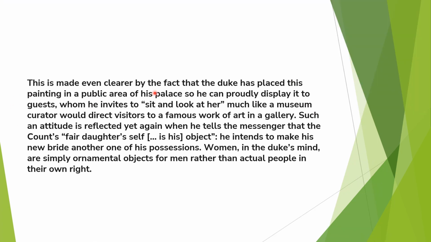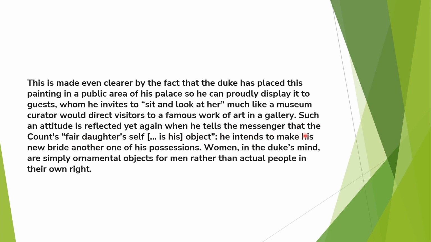Yes, this is made even clearer by the fact that the Duke has placed this painting in a public area of his palace so he can proudly display it to his guests. There's no love between the wife and husband, whom he invites to sit and look at her, much like a museum curator would direct visitors to a famous work of art in a gallery.